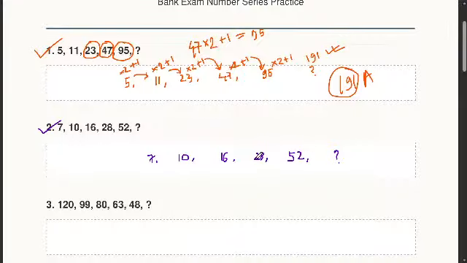Half means, if we multiply 28 by 2, it will be 56, and if we subtract 4, then we will get 52. This is a possibility only. Okay. It does not mean that it will also be the right answer. I am just taking a possibility. It can be wrong.